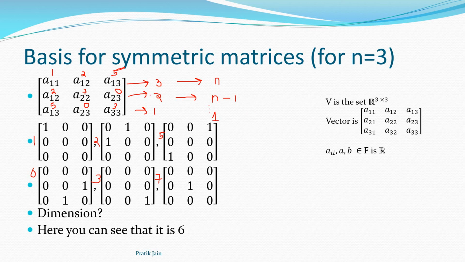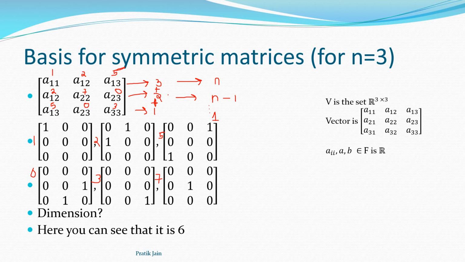I'm sorry, I said multiplication, right? It is not the multiplication. It is addition, right? Because you are just adding 1, 2, 3, 4, 5, 6. So it is 3 plus 2 plus 1. That's it. This is not a multiplication, this is plus.